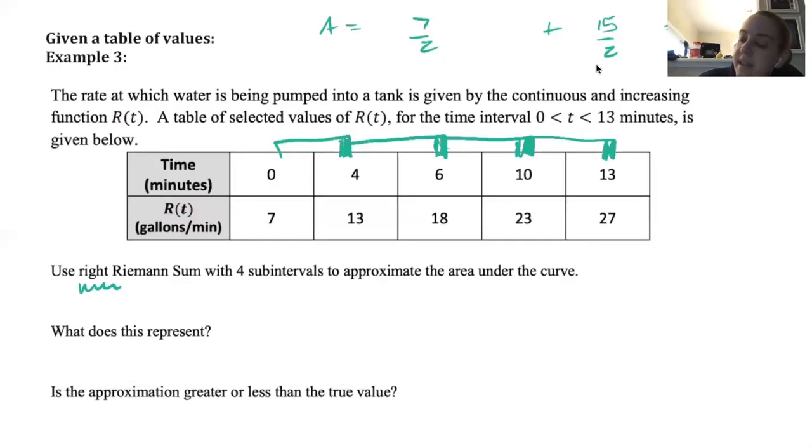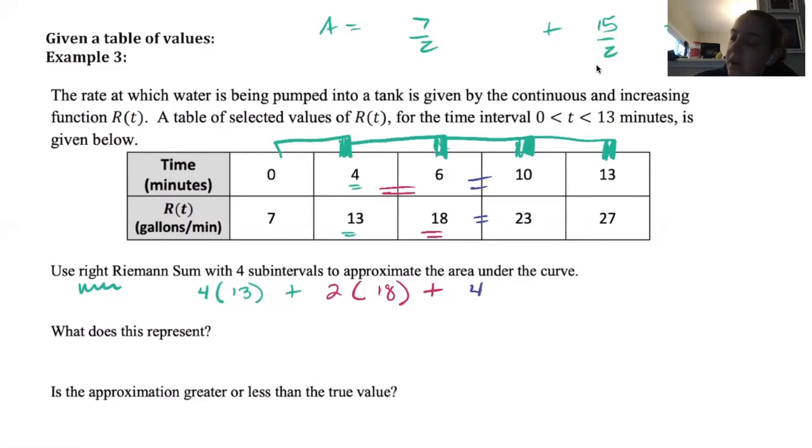So the first rectangle is 4 units wide and 13 units tall. The second rectangle is 2 units wide and 18 units tall. You see where this is going? The third rectangle, it's from here to here, is 4 units wide because 10 minus 6 is 4, and 23 units tall.